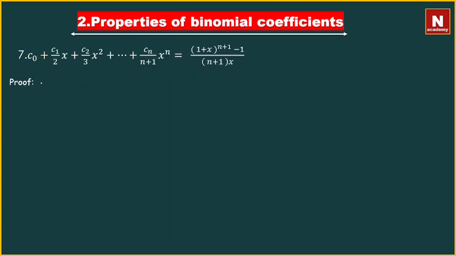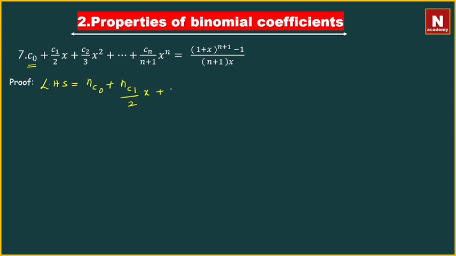Now property number 7. LHS equals, this C0 can be written as NC0, plus C1 we can write NC1 by 2 into x.